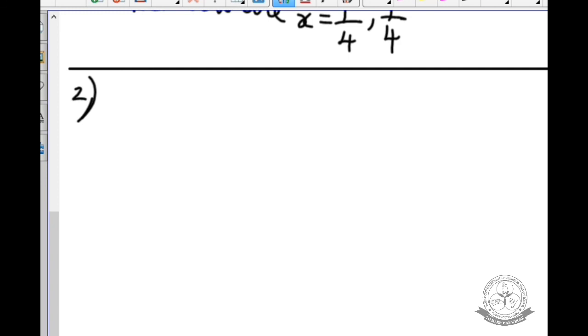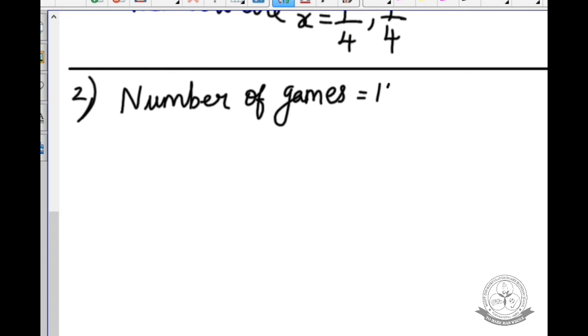So it is given as number of games equal to 15. Next they give g of n, the team selection, in expression form: g of n is given as n squared minus n divided by 2.